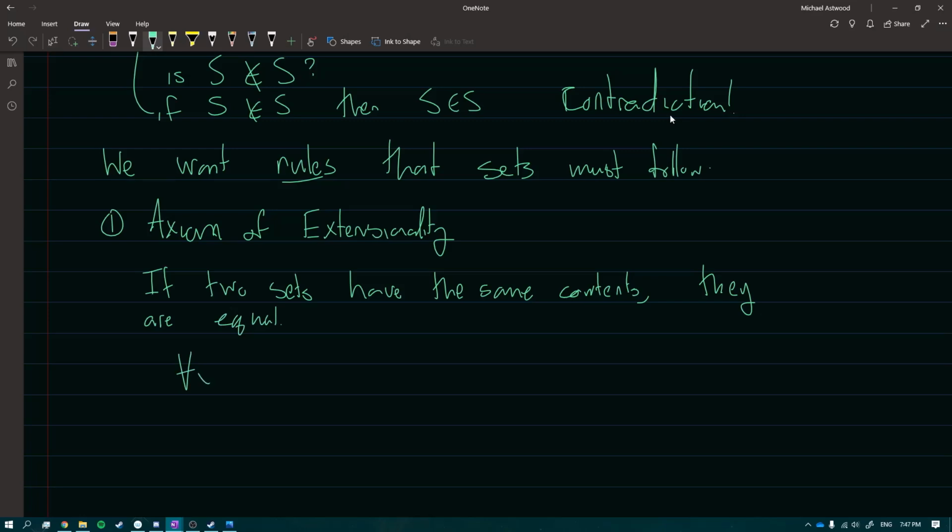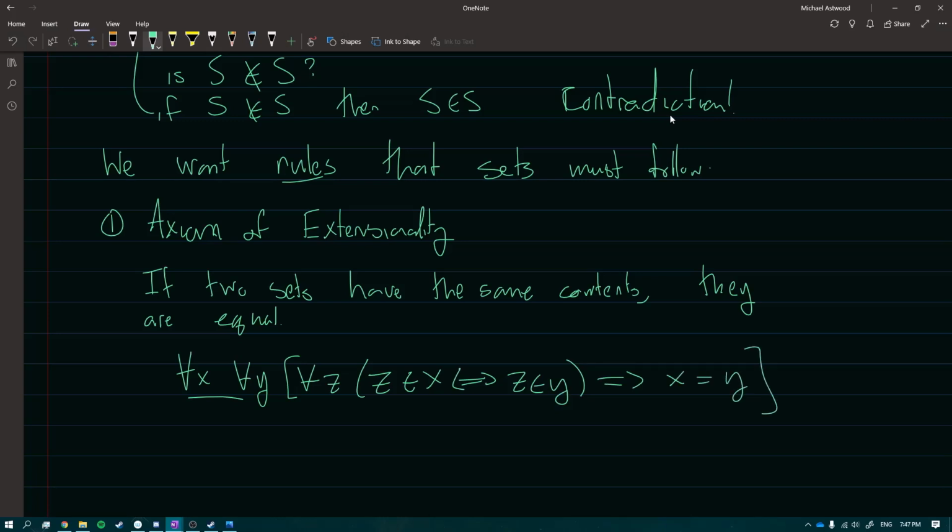So for all x, for all y that are sets, any z has the property that if z is in x, then z is in y, and if z is in y then z is in x, we must have x equals y. So let me repeat that. For all x and y, if z has the property that z is in x implies z is in y, and z is in y implies z is in x, we must have that x is equal to y.